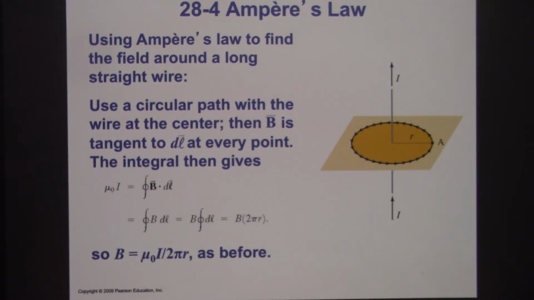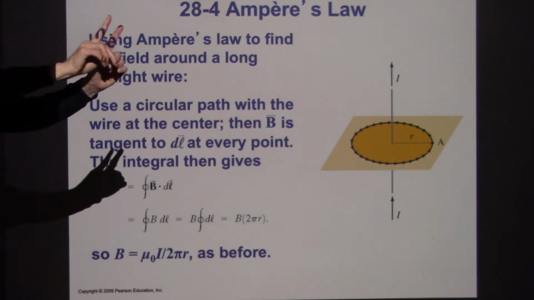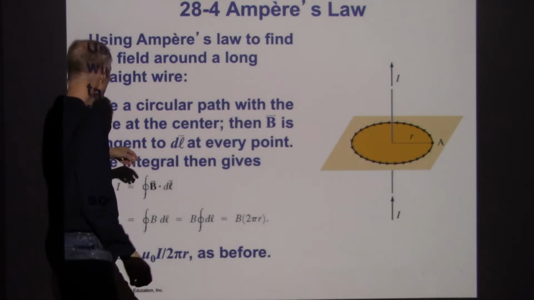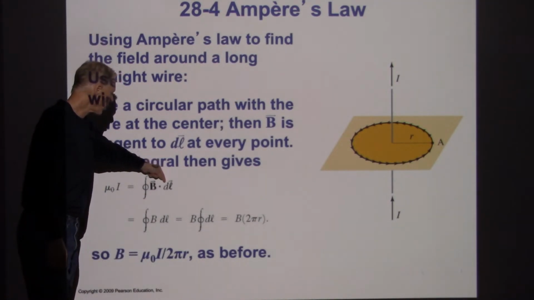Now the magnetic field lines follow a circular path, so they're not following a straight line, but the magnetic field has the very same value along that path. So what we do is we integrate over the length of that path.